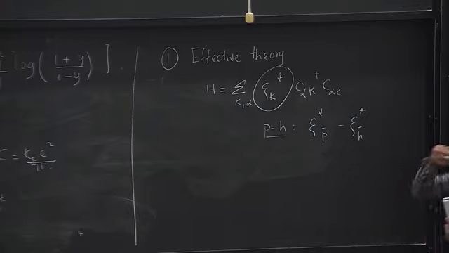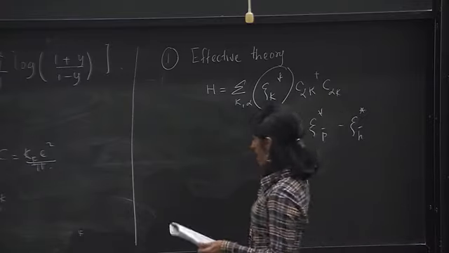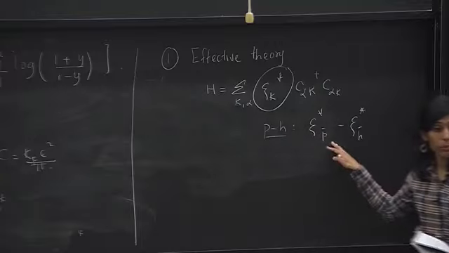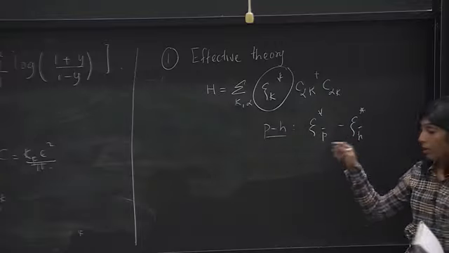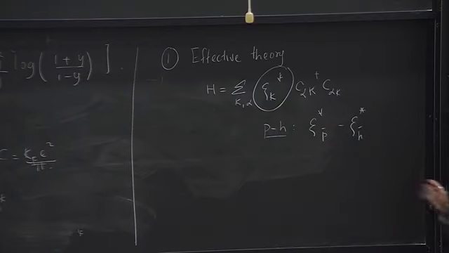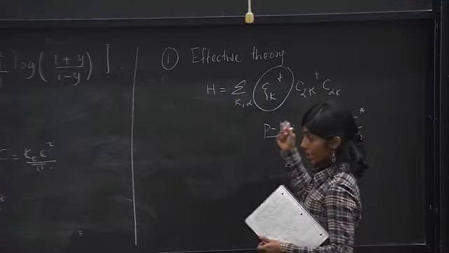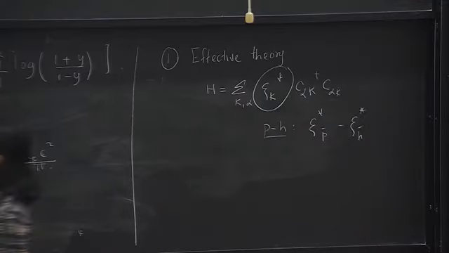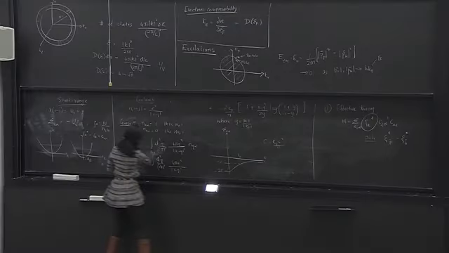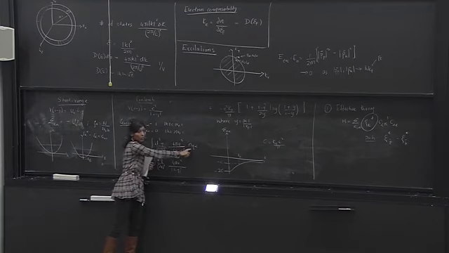And one important point: the energy of multiple particle or multiple hole excitations depends on the presence of all the other fermions in the problem because of this term. Basically, this contribution to the energy cares about what all the other fermions are doing, right?